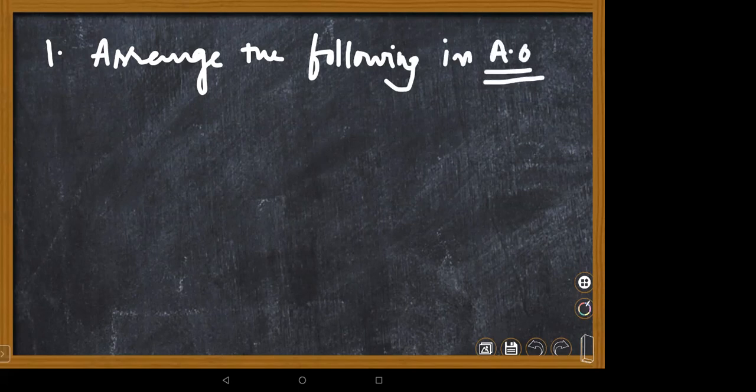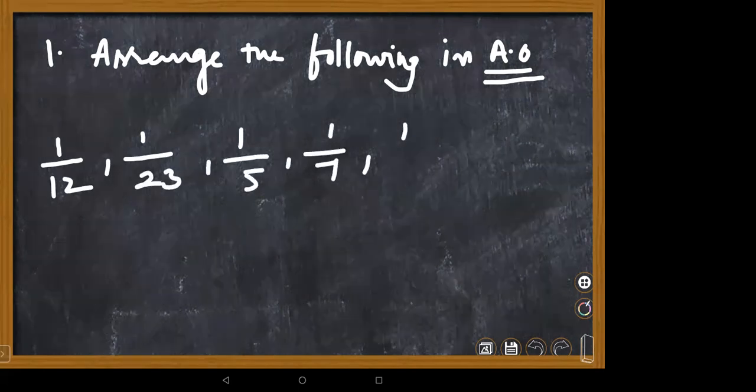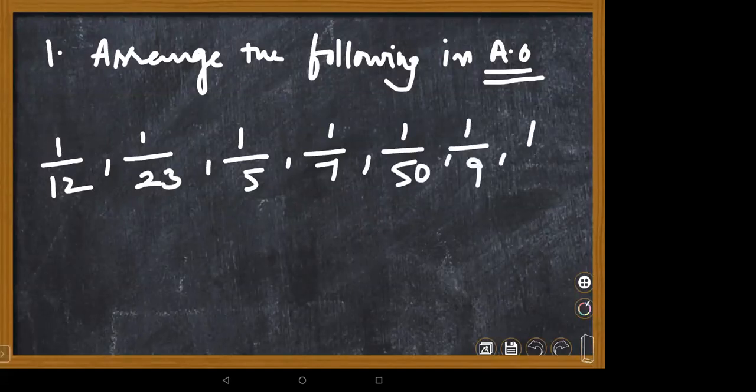AO means ascending order, children. The question is 1 by 12, 1 by 23, 1 by 5, 1 by 7, 1 by 50, 1 by 9, 1 by 17. Arrange the following in ascending order.